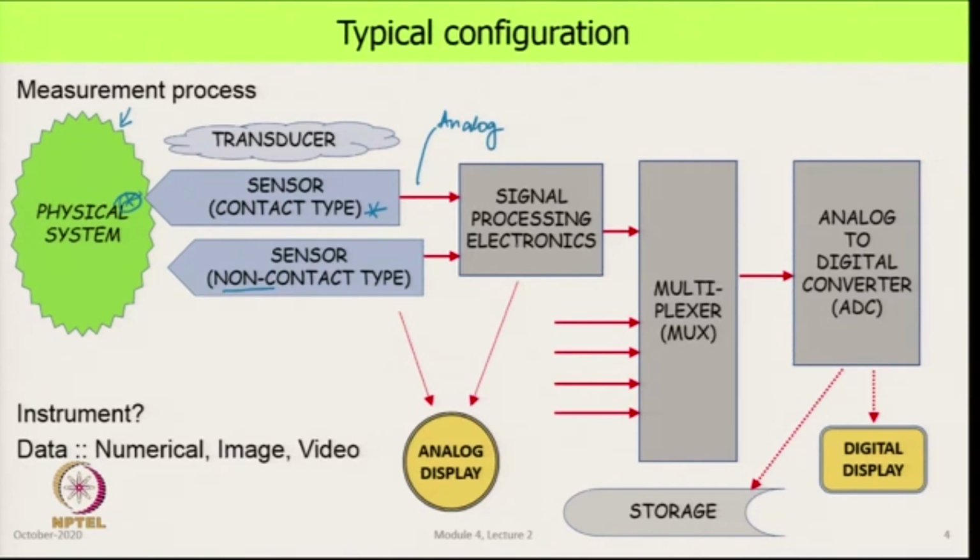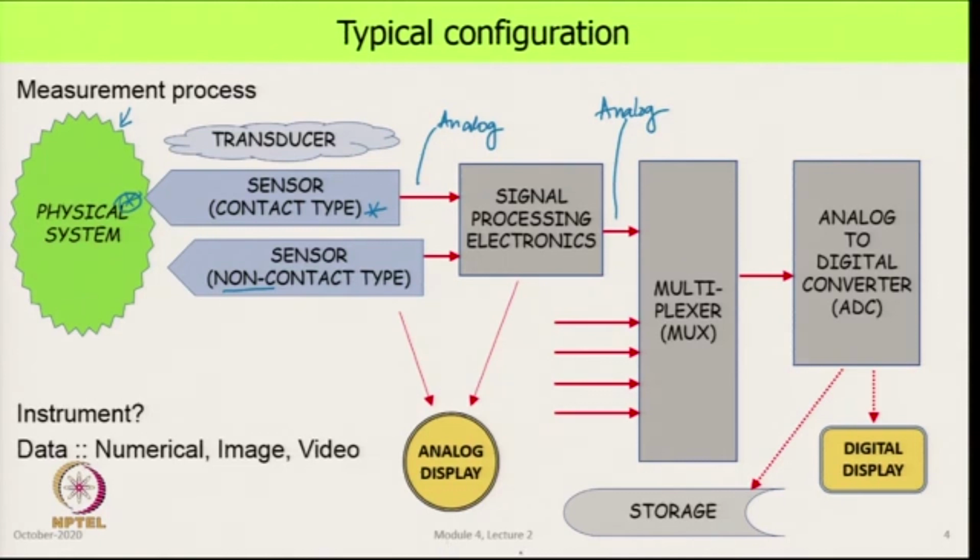This analog signal goes into the electronics, the hardware part, where we do some signal processing. This produces still a different type of an analog signal, which we feed to a device called a multiplexer. If it is only one measurement that we are making, then the multiplexer is not required.